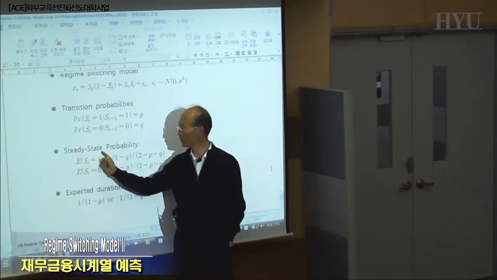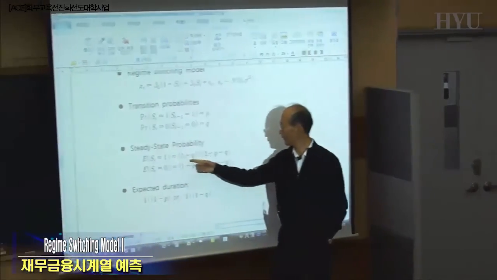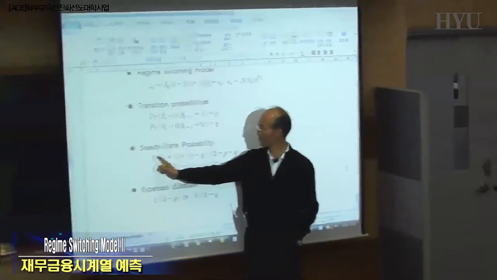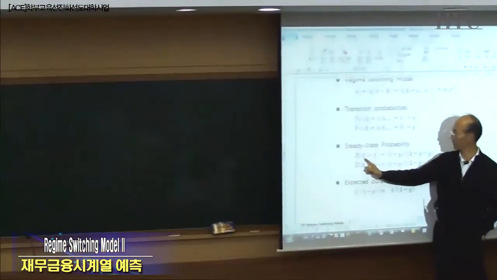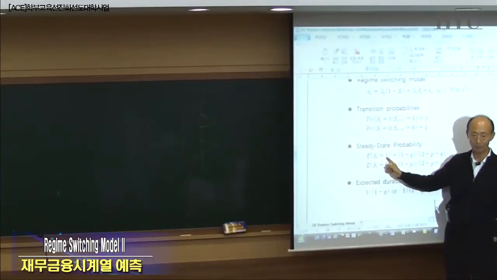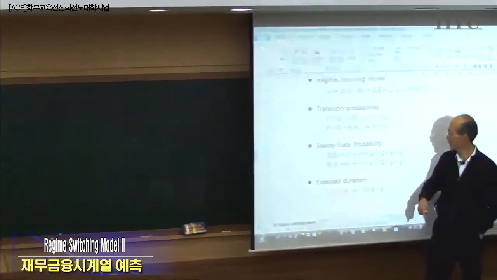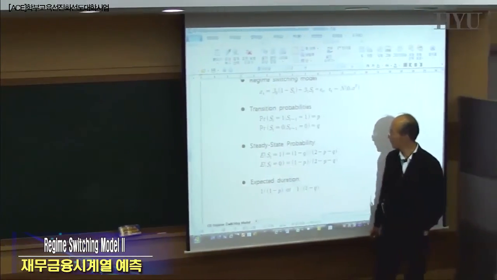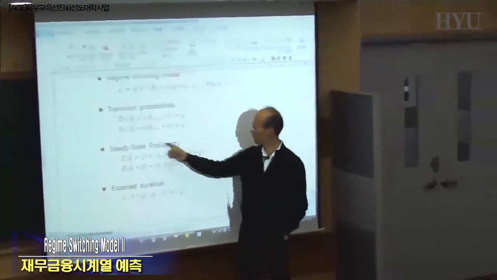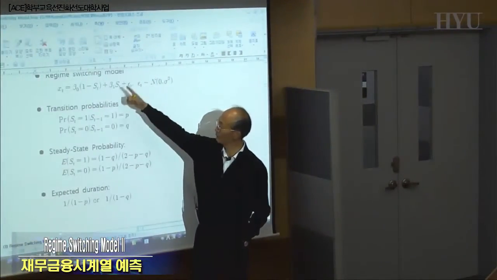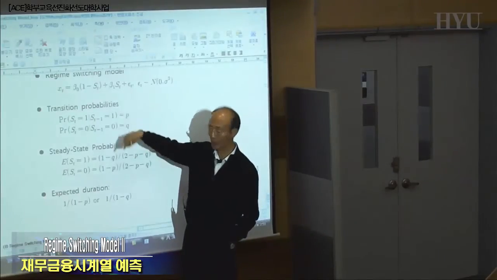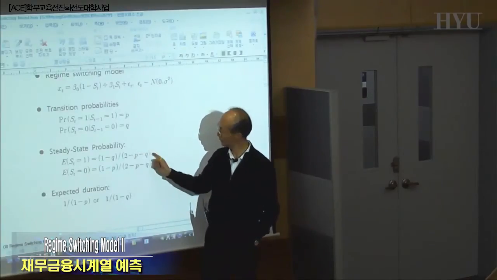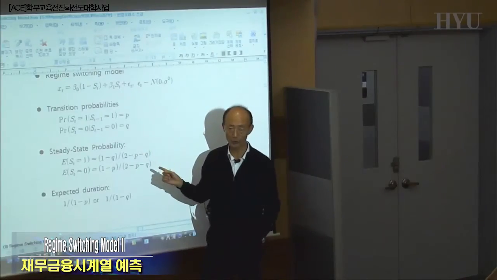So if someone calculated this one and got this answer, then what it says is this is the probability that the current state is 1 unconditionally. Of course, 1 minus that has to be this one, right? So the reason I brought this one is that when we do the iterative calculation, we need to start from somewhere. So this has something to do with the initialization of the problem. Okay?